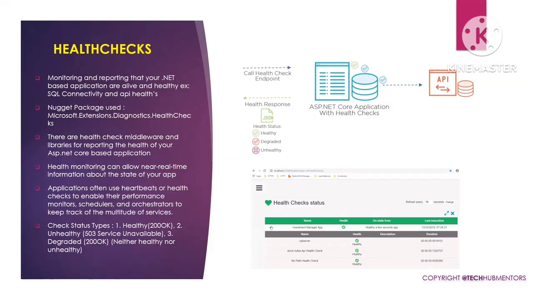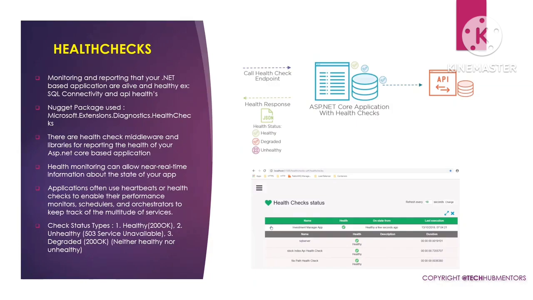Healthy means your application is perfectly okay, unhealthy means your application is down. It will give you the complete analysis and visualization of your application. It is a very important feature in .NET Core, and you should implement it in your application.